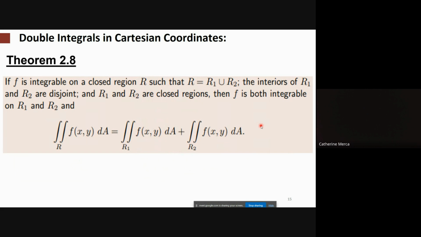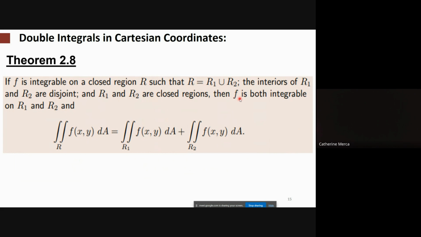Theorem 2.8 says that if you have two regions, as long as the regions don't have an intersection, R1 union R2 is equal to R, so they are disjoint, and R1 and R2 are supposed to be closed regions.